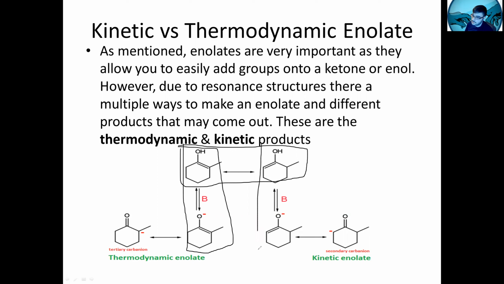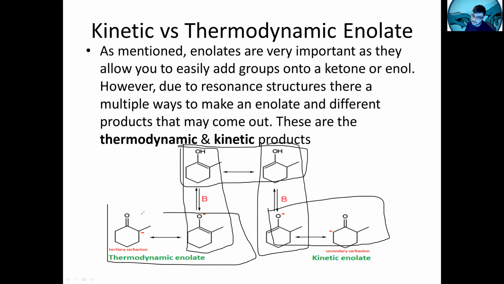But if you look at these two enolates, they can actually turn into different enolates. That's important because now they have a negative charge on different spots. And remember, the thing that you're adding onto the enolate always adds on to where the negative charge is.